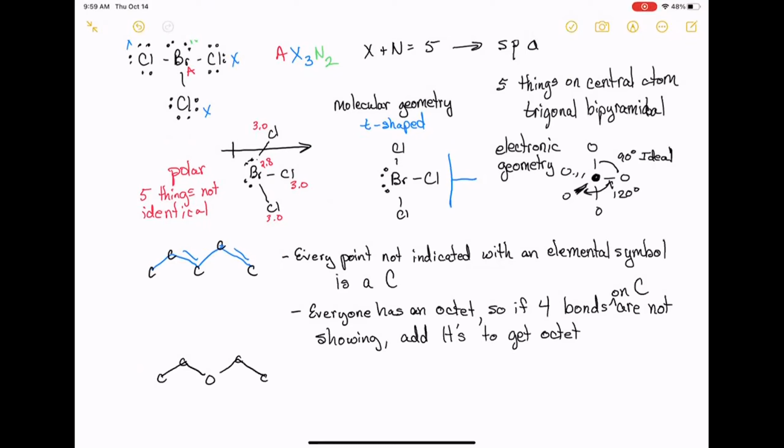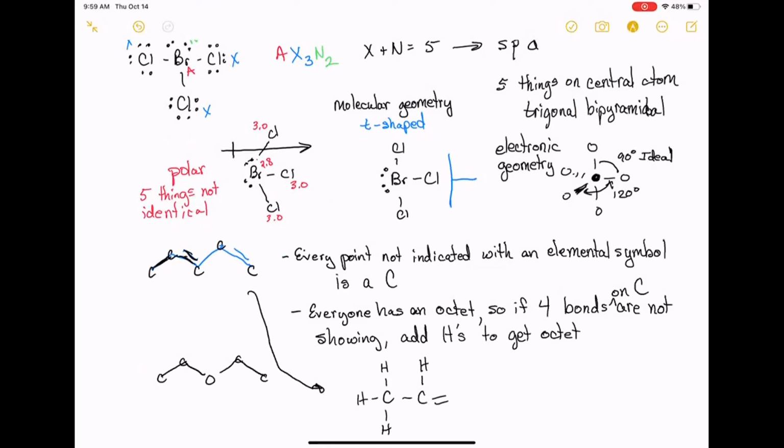So to take this structure, there was only 1 bond on it, so that means there were also 3 hydrogens. On this next one, there was the 1 bond originally, and then I've got a double bond, so that means I need only 1 hydrogen.